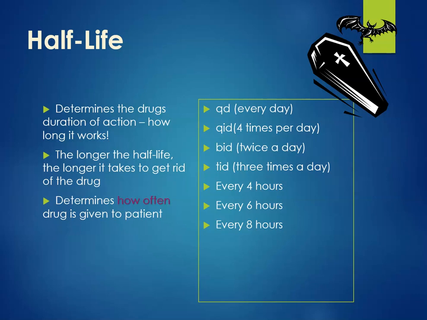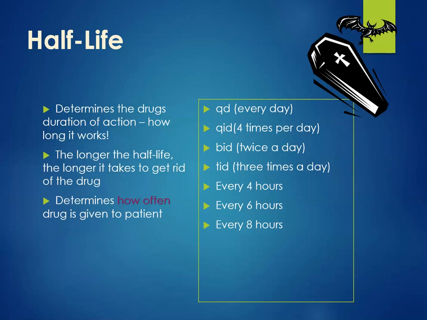So half-life determines the drug's duration of action. It's related to that graph that I showed you about the duration of effect, how long it's there. The longer the half-life, the longer it takes to get rid of the drug.